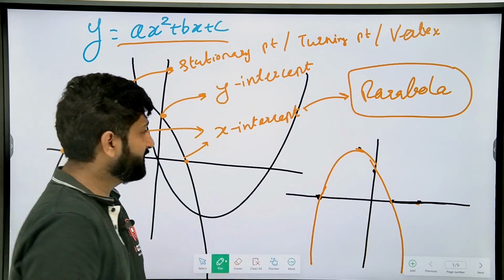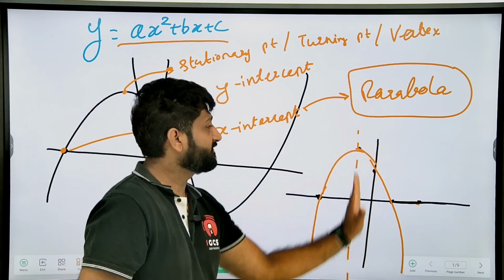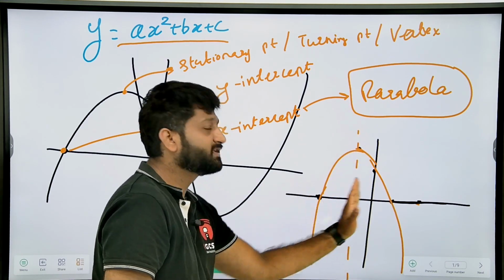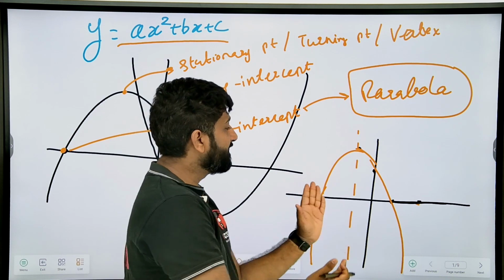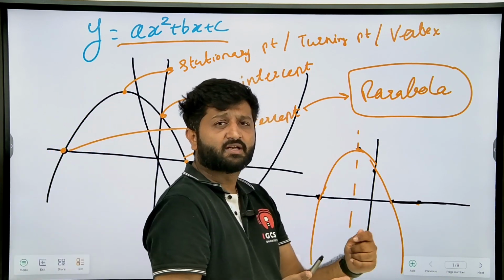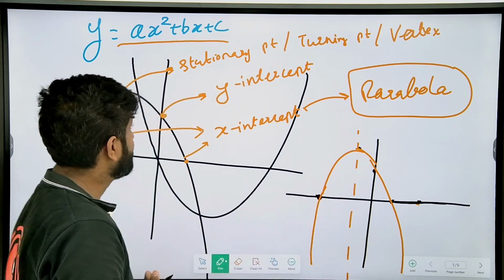You need to remember that this is the line of symmetry as well. The graph would be equally divided into these two halves from the turning point, or from the stationary point, or from the vertex. The graph is symmetric in nature, right?